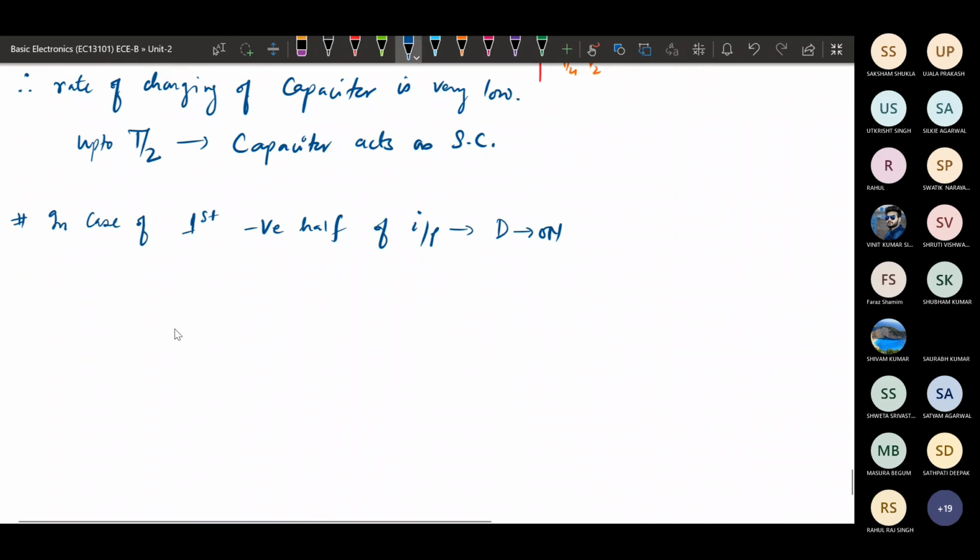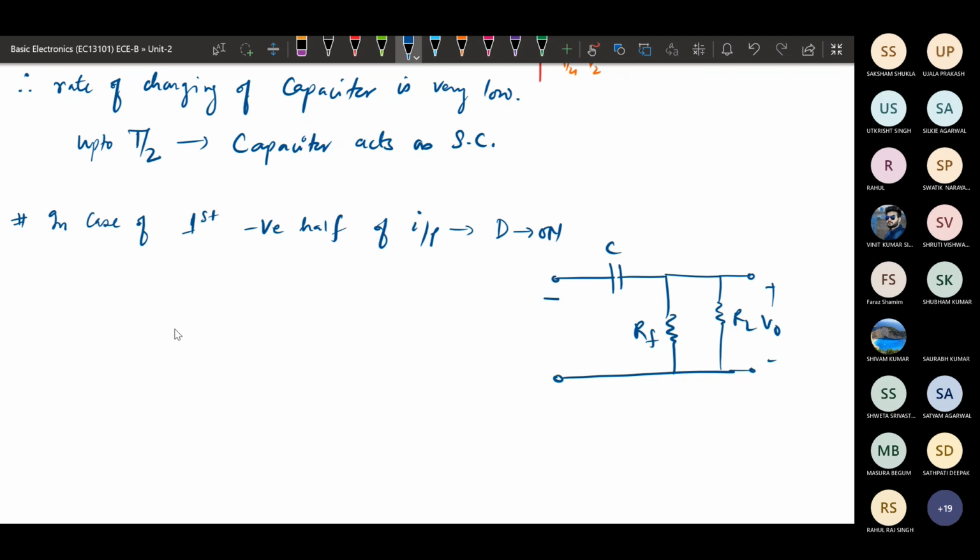So the circuit in this case will be the capacitor with the diode replaced by the forward resistance, because it will be forward biased. This is the load resistance and this is the capacitor, and we are applying the negative input. Up to T by 2 time period this capacitor has charged.